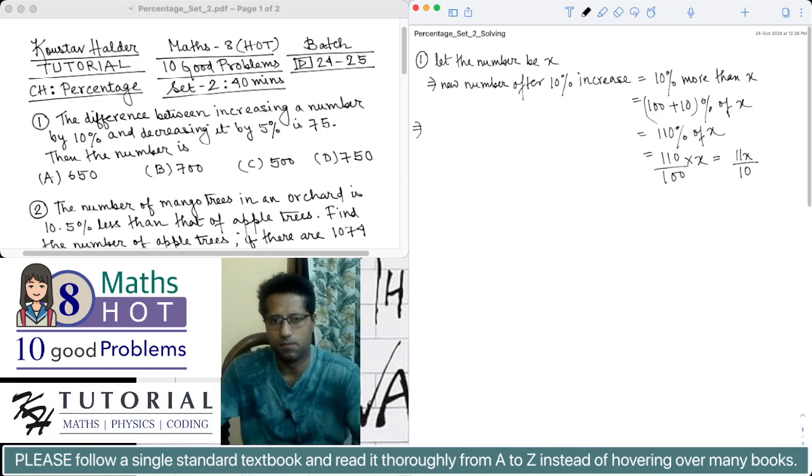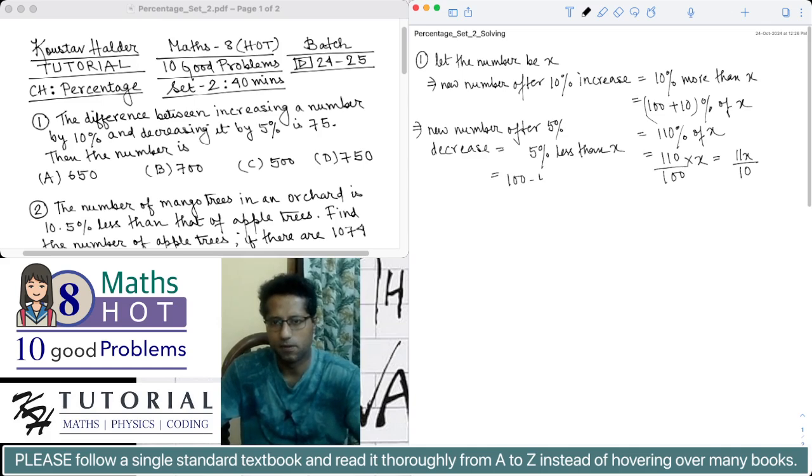Similarly, the new number after 5% decrease will be equal to 5% less than x. Now 5% less than x means 100 minus 5% of x.